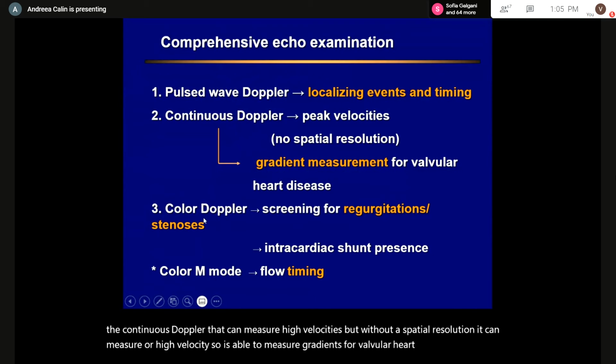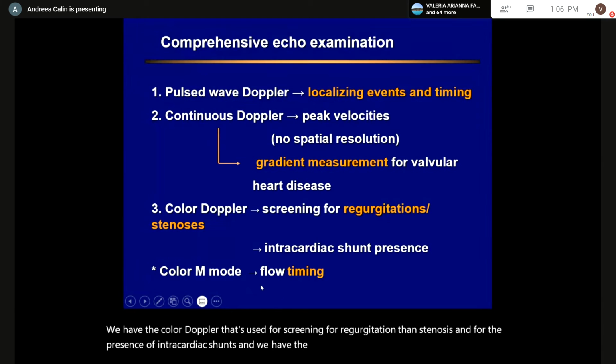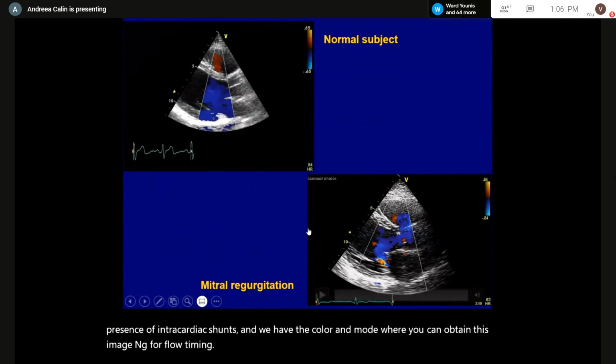And we have the color Doppler that's used for screening for regurgitation and stenosis and for the presence of intracardiac shunts. And we have the color M mode where you can obtain this imaging for flow timing.